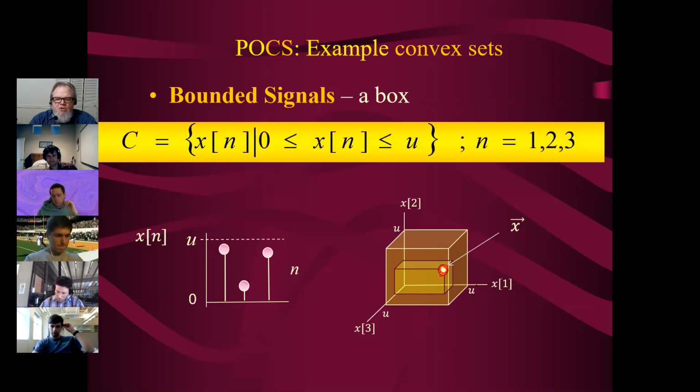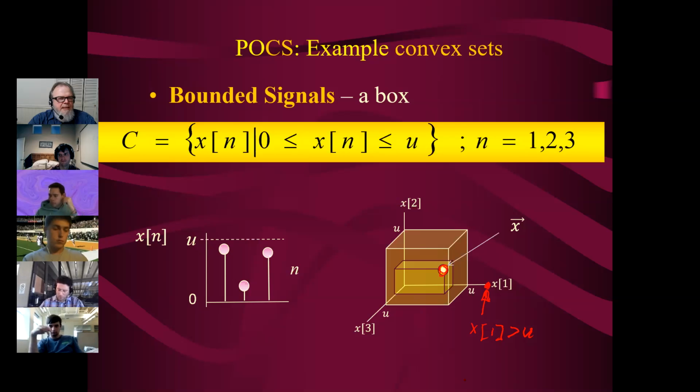If a signal is external to the box, for example, out here, that means that x1 is greater than right here. If we looked at that point, that would mean that x sub 1 is greater than u, right? And that would not be a bounded signal.